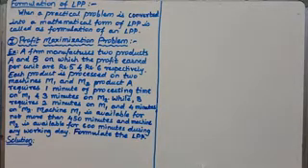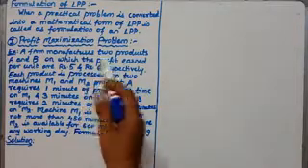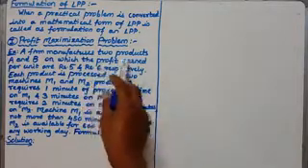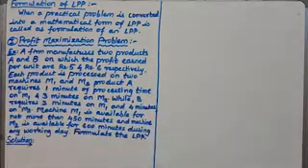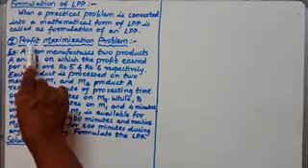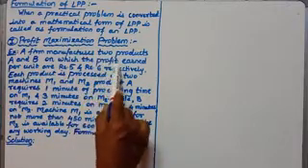Before going towards the formulation of this LPP, from the given word problem we have to decide what the decision variables are. Here we have to find out the profit of these two products, product A and product B. It is a profit maximization problem, which means we have to maximize the profit.